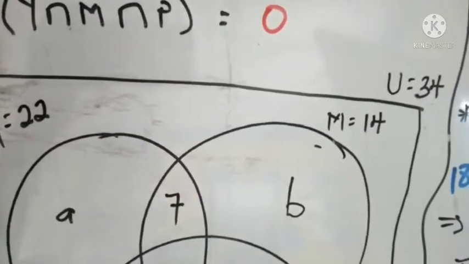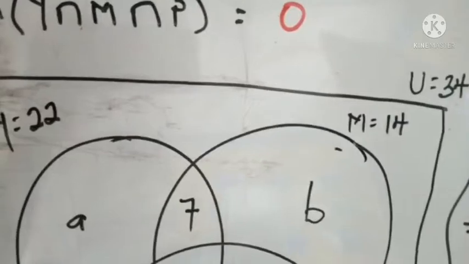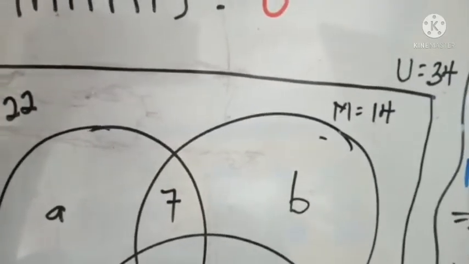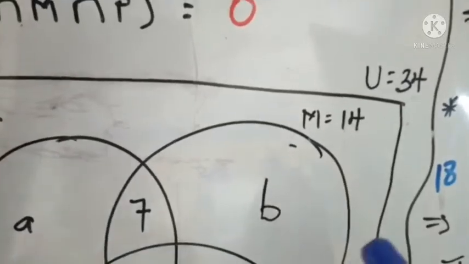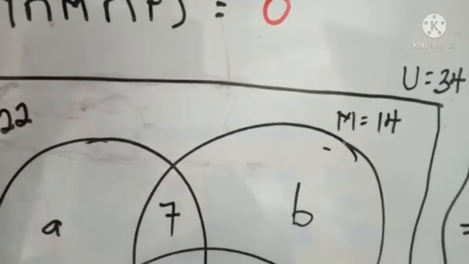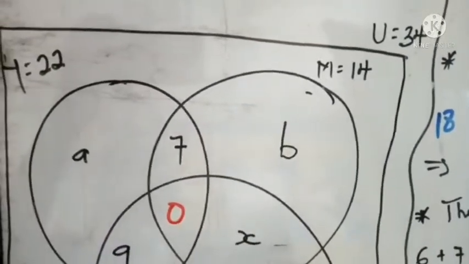Okay, so you just need to read the question sentence by sentence. The first sentence says that a group of 34 women sell at least one of the following foodstuffs. So you have 34, and you ask yourself, where exactly does 34 have to be on the Venn diagram, right?